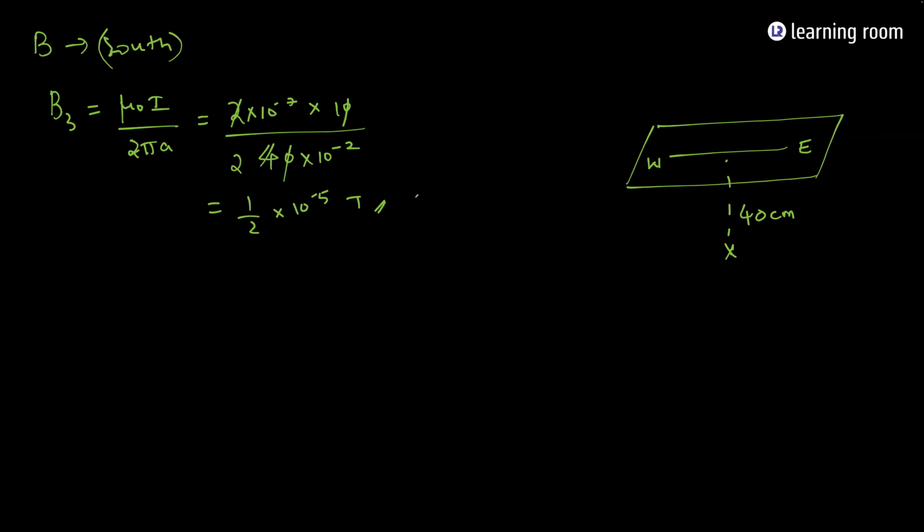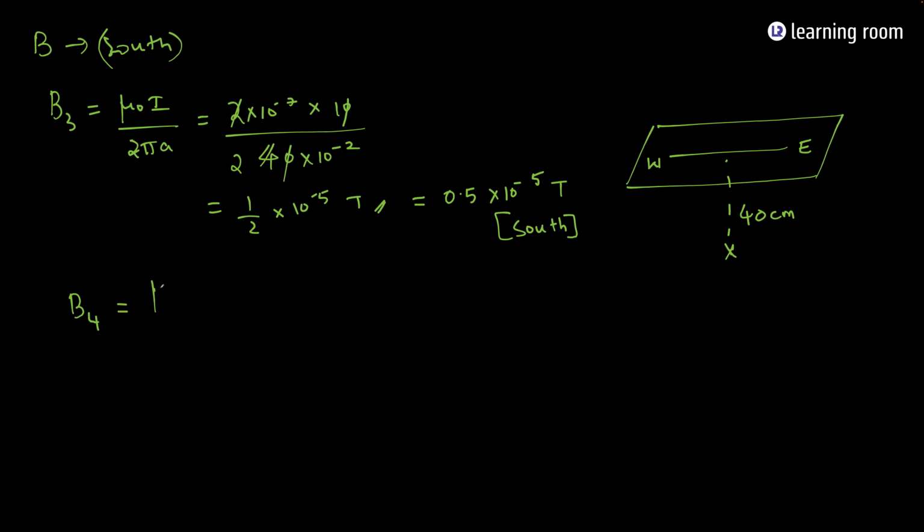That also you can do. Or since everywhere you wrote it in terms of 10 power minus 5, leave it as it is. Why are you worried about it? So you can write 0.5 into 10 power minus 5 Tesla in which direction? In the south direction.